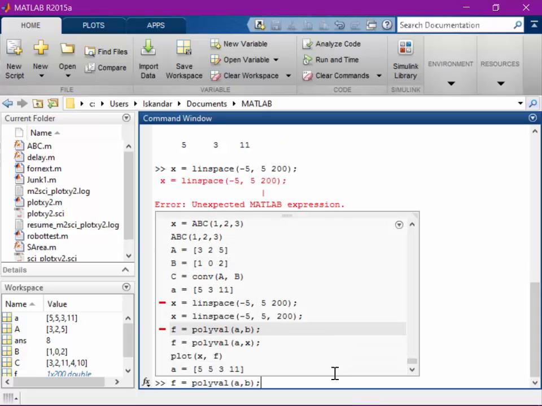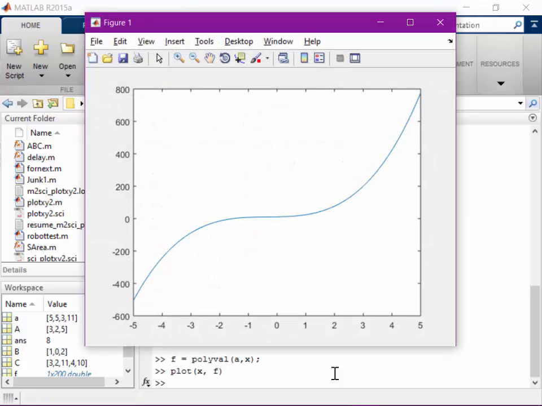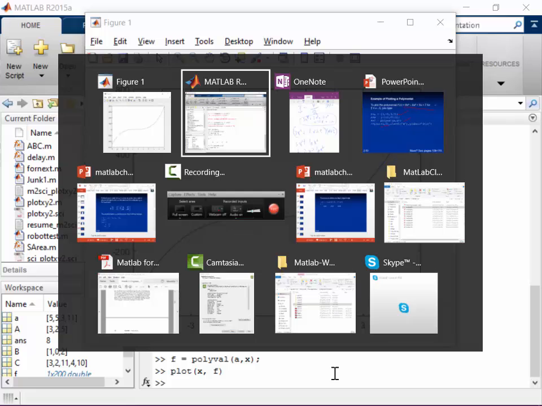Then we're going to use this and plot it. And again, there's our function. So all we do if we want to change polynomials is change a, or change x. So it's a very easy way of plotting polynomials. So, okay.